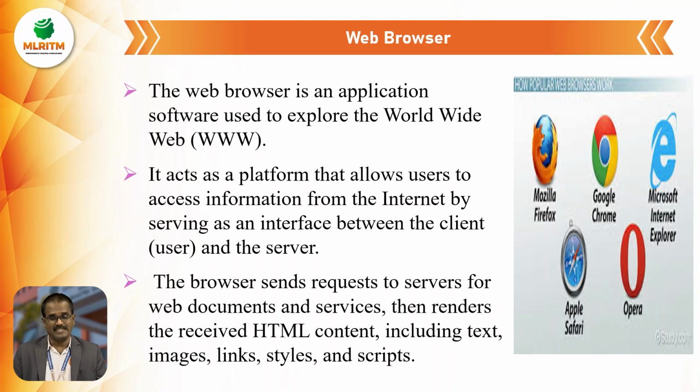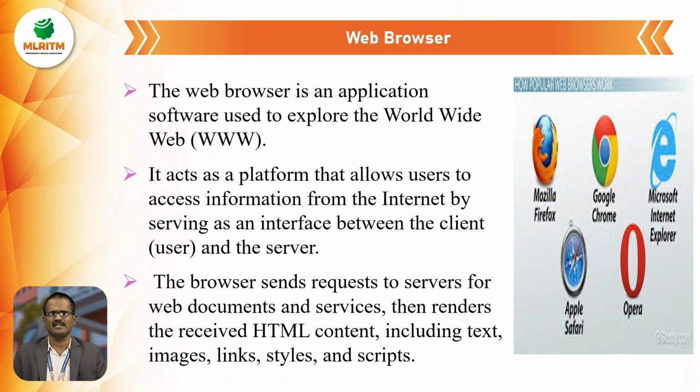The browser sends the request to the server for web documents and services. The browser receives the HTML document including text, images, links, styles, and scripts. By this way, with the help of web browser, we can interact with the World Wide Web.